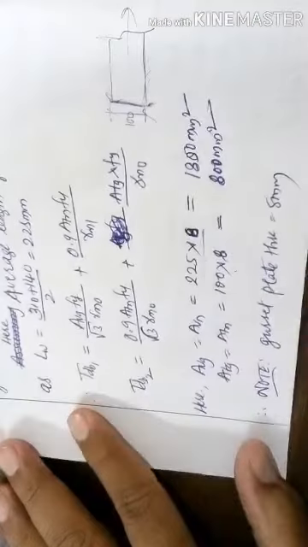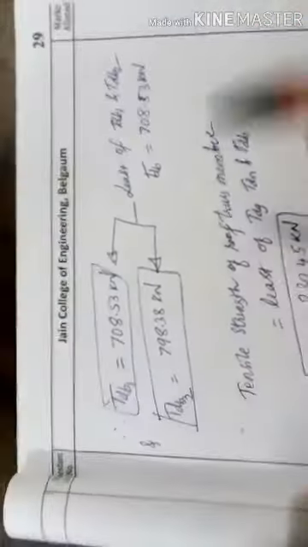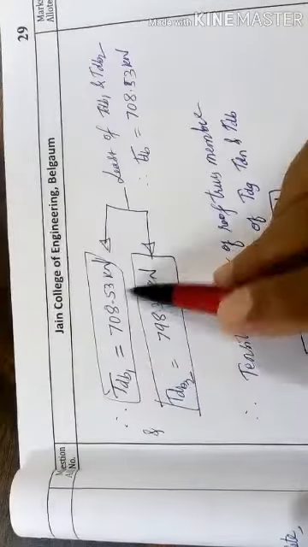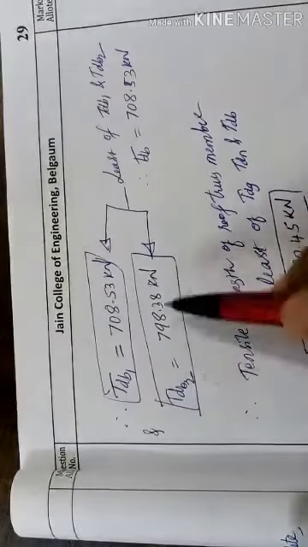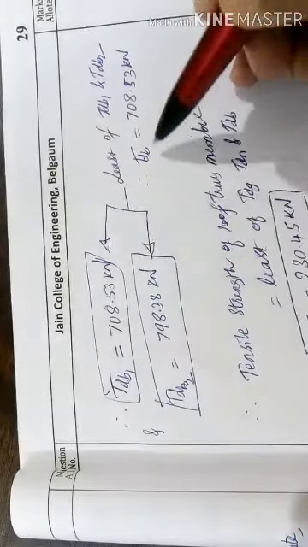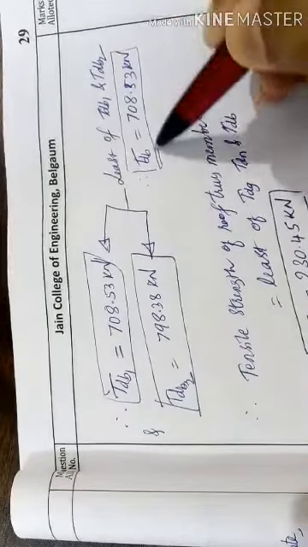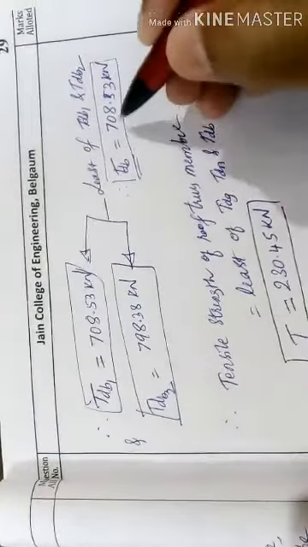Note that the gusset plate thickness is to be taken here. So after calculating ATZ, ATN, AVZ, AVN, substitute in the TDB equations above, we get TDB1 as 708 and TDB2 as 798.38 kilonewton. Then the least of these two values will be TDB, that is the design strength of section in block shear, or block shear strength.